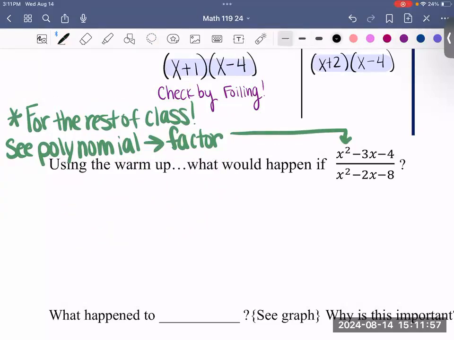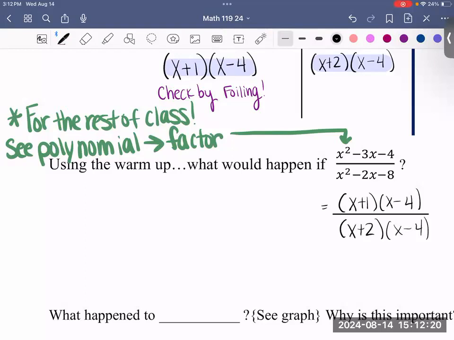Now, the reason why we want to factor is that we want to see, do they have something in common? So because we already factored, we already did the first step, x plus 1 and x minus 4. And then on the bottom, we said this is x plus 2 and x minus 4. Now, what do you recognize? What do you see?